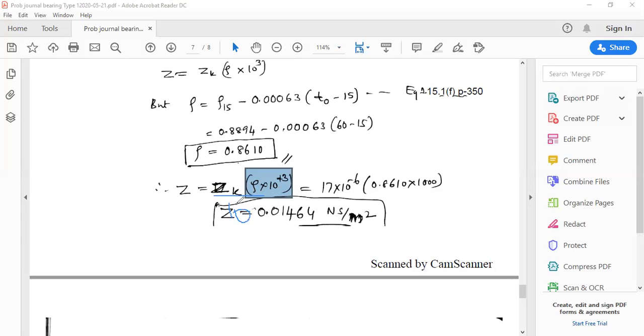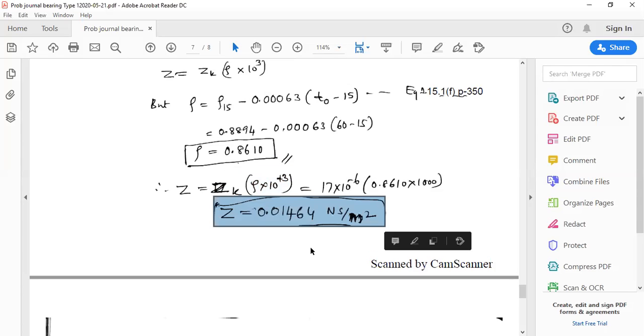Zk into rho divided by 10 raised to minus 3, instead of writing into 10 raised to plus 3, both are the same. Then we get the value of Z in Pascal second, that is Newton second per meter square, as 0.01464 Newton second per meter square.